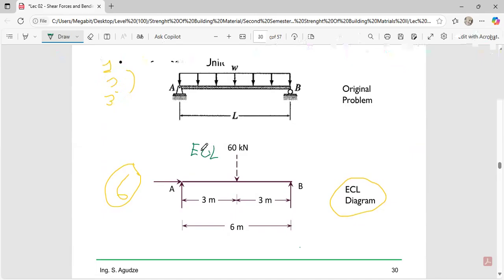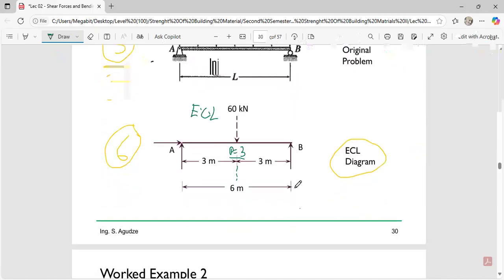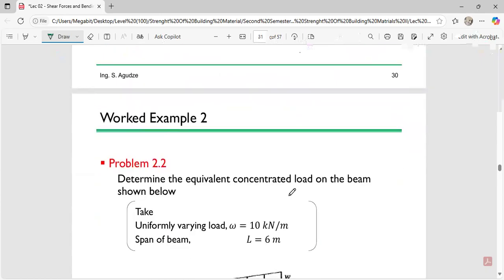It is acting at a position of what? 3 meters. That is why they just measured 3 meters from the A support. Okay, then they had it at midspan. Okay, good.